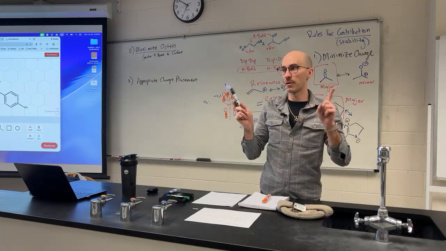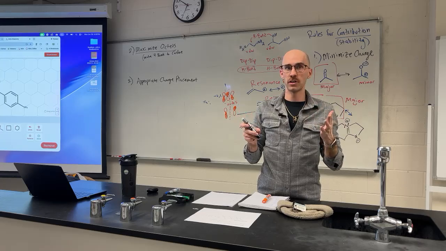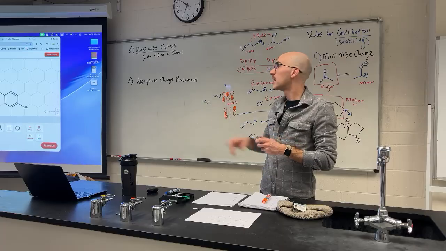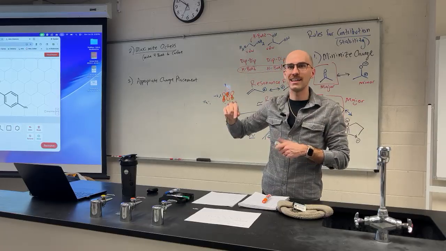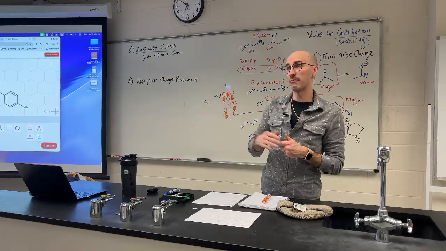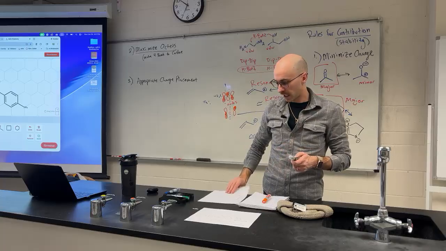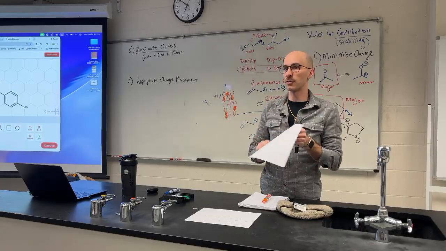More electronegative takes the negative charge. If you have a positive charge, it should go on the least electronegative atom, not including carbon, because when carbon takes on a positive, it doesn't have its octets. So you want to make sure that while you have maximum octets, you also place your charge appropriately. And we've got some examples down here to go through that highlight each of those rules.